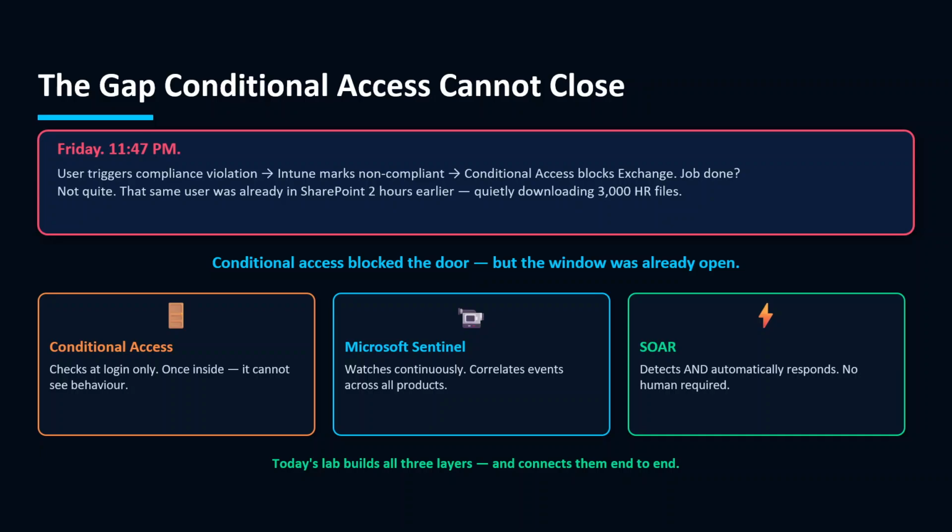So here is the honest gap. Although conditional access policy and compliance policy work to secure your environment, there is a gap. What's the gap? Both these tools provide preventive control with a very narrow scope. They do not see your firewall logs, your server logs, your AWS workloads, or your SaaS applications outside the Microsoft ecosystem.